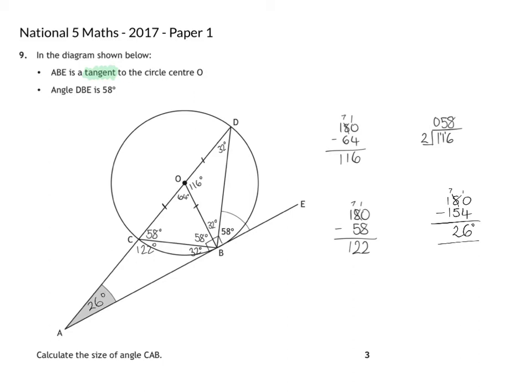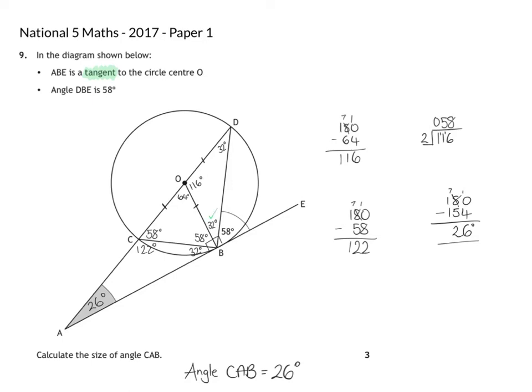So we should write at the bottom just to be safe: angle CAB equals 26 degrees. So depending on which way you've worked this out, the marking scheme is slightly different. But you get 1 for angle OBD, which is 32, and that's the same either way.